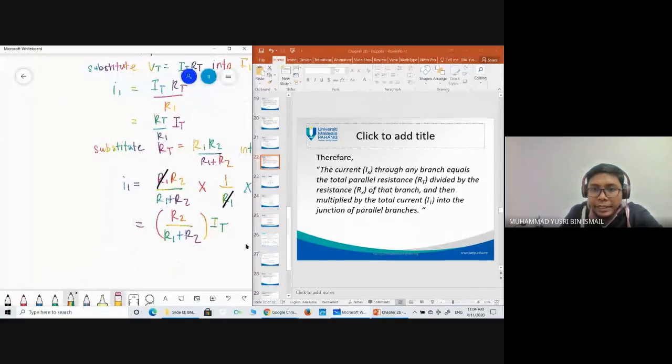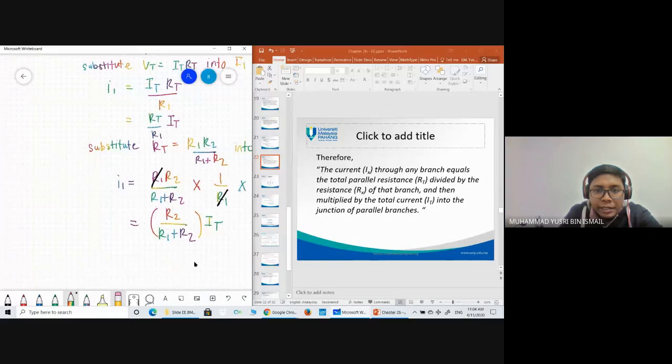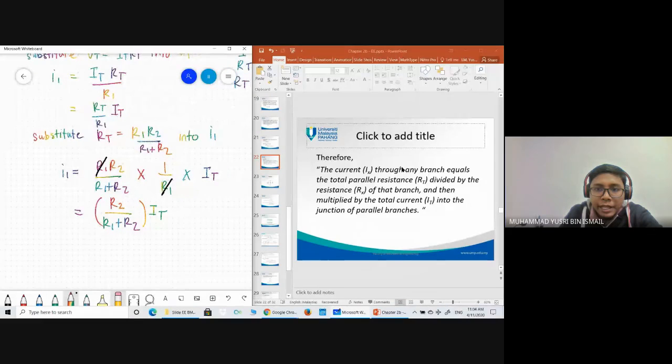In this case, Ix refers to I1, which is the current flowing to any branch.